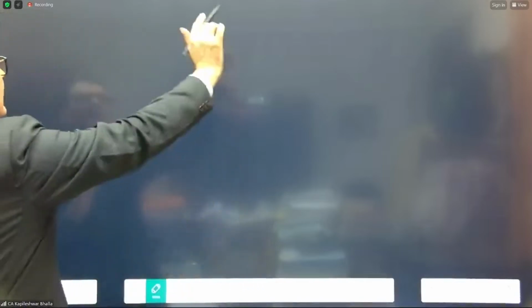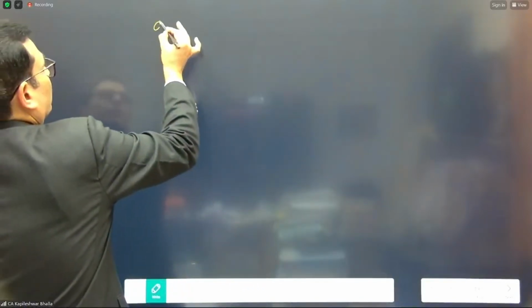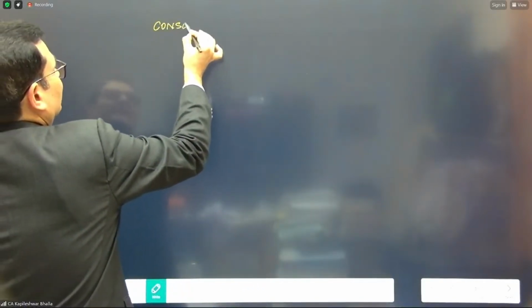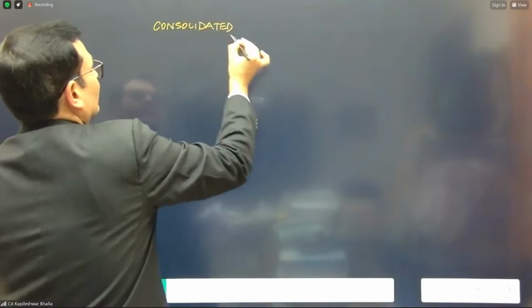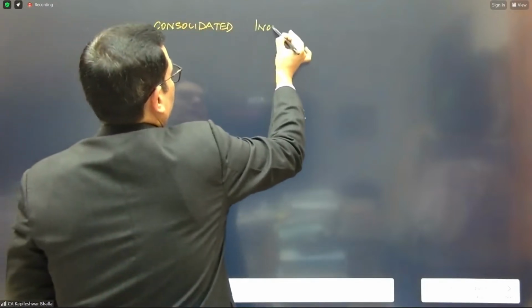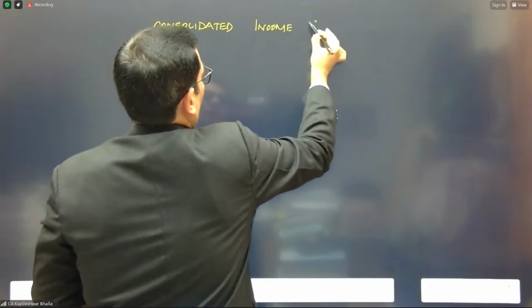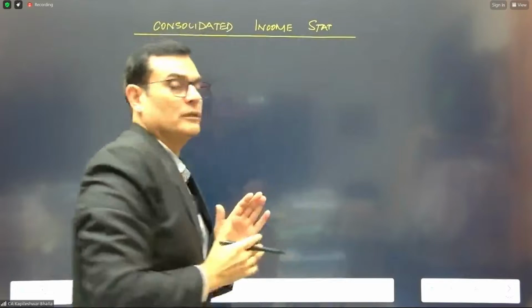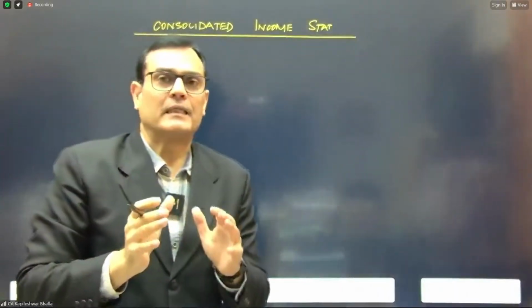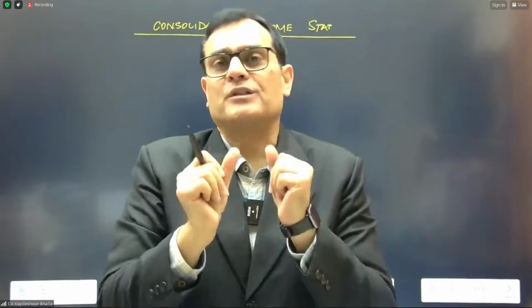Now let's first understand the concept. When you're going to make a consolidated income statement, let us understand what you need to do conceptually so that once we do a practical illustration, you're very clear on things. Well, we know this very well that the income statement comprises of two sections.